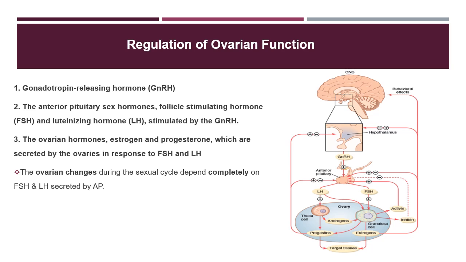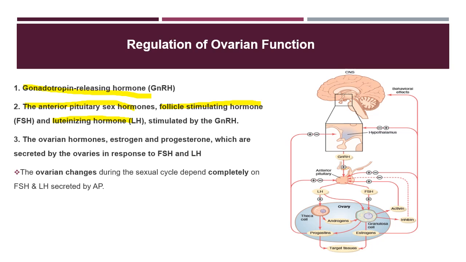The first hormone is the hypothalamic releasing hormone, the gonadotropin releasing hormone. Once it is stimulated and released, it will activate the secretion of the anterior pituitary hormones, which are the gonadotropic hormones, FSH, follicle stimulating hormone, and LH, which is the luteinizing hormone.